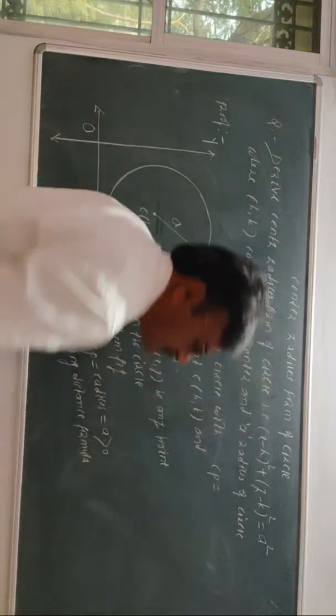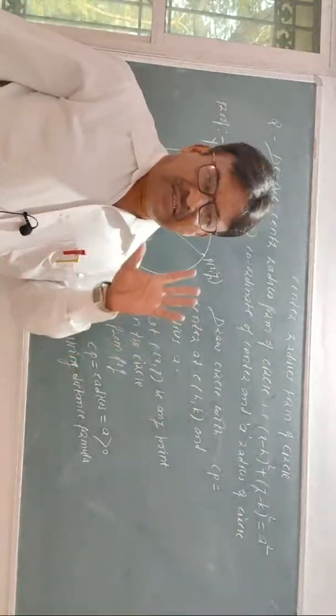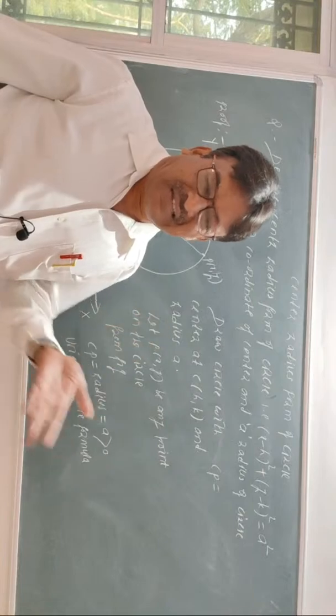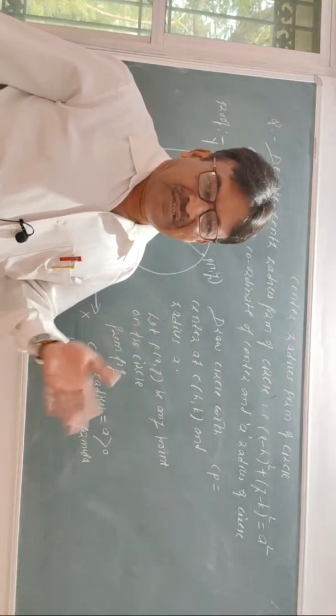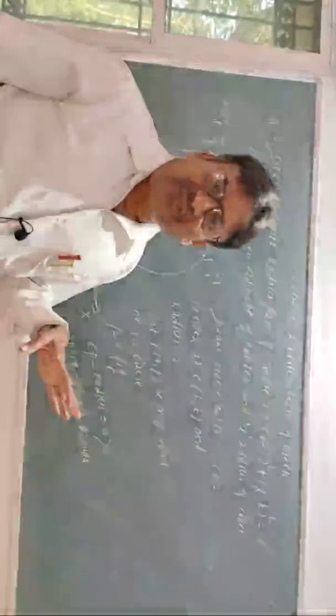CP is equal to, again we repeat the distance formula. We know the proof of the distance formula from 10th standard, that is distance AB is equal to under root x2 minus x1 whole square plus y2 minus y1 whole square.